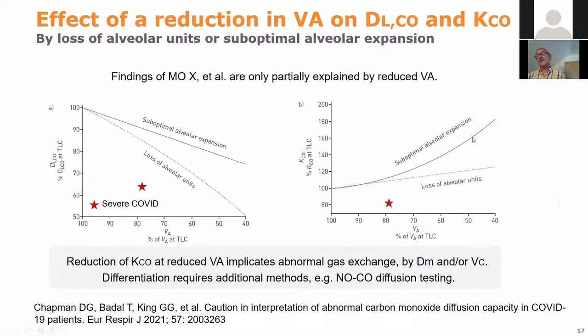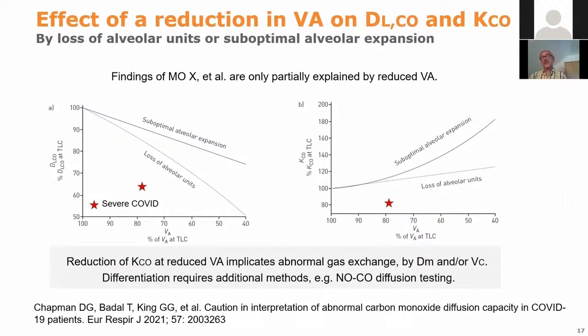And you can see a thing which is important. It is possible that though the DLCO is decreased, the KCO is increasing. And so this value is misleading if you don't see it in the context of the alveolar volume.